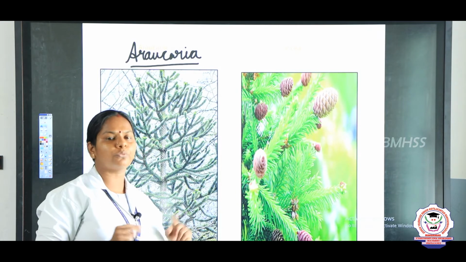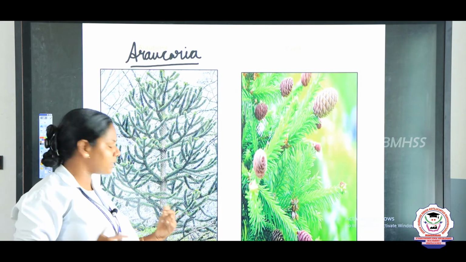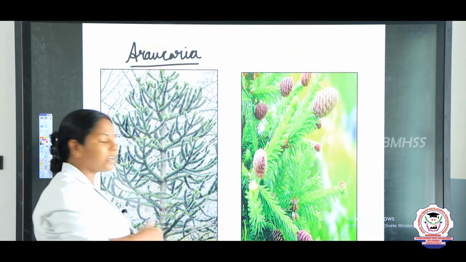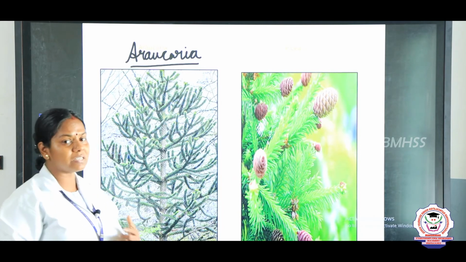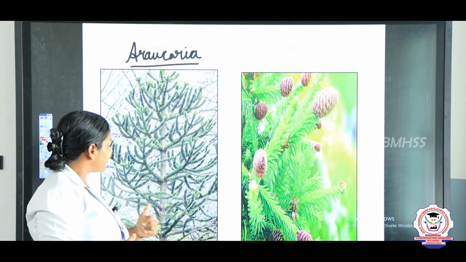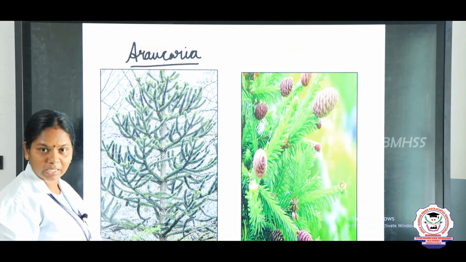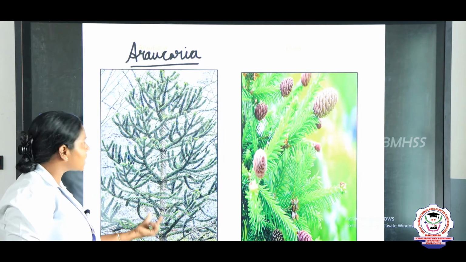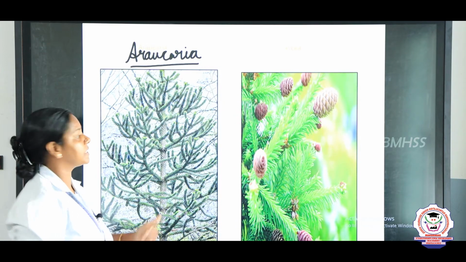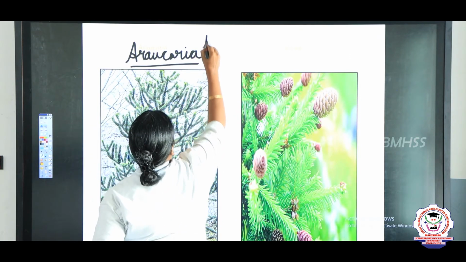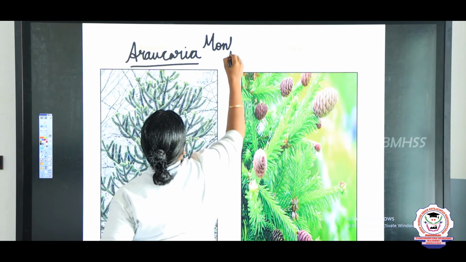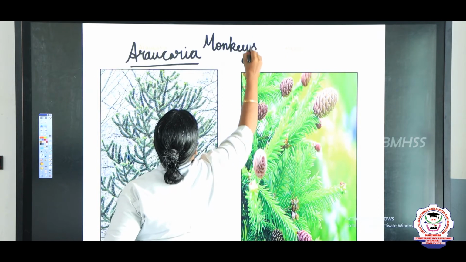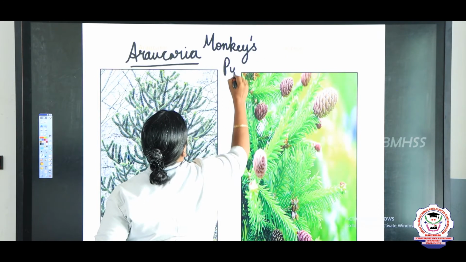Two friends who discovered this plant went to see it, and his friend said, I am puzzled whether a monkey would climb the tree. After his statement, this plant was named monkey's puzzle. What was the name, children? It was named monkey's puzzle.